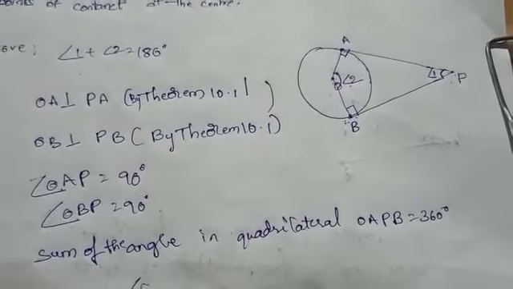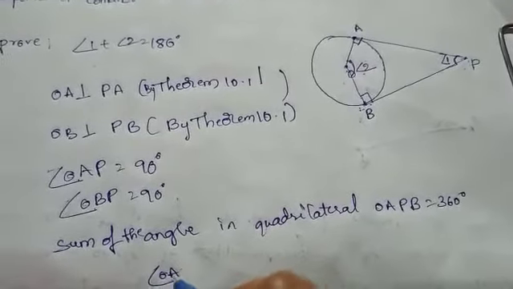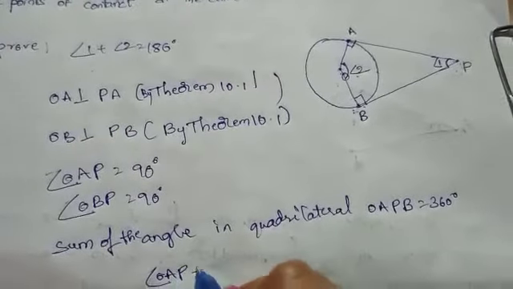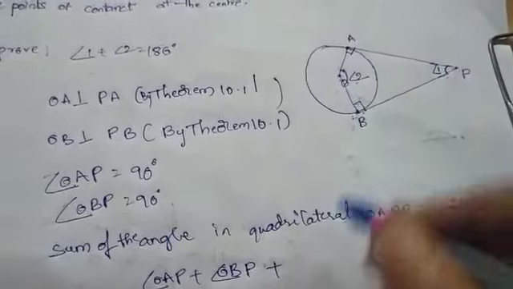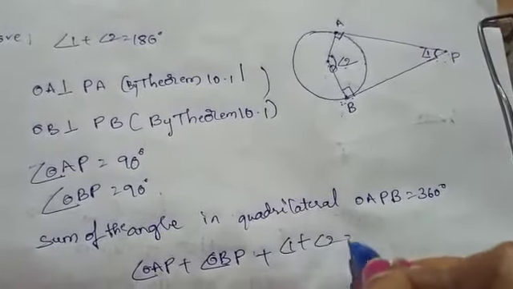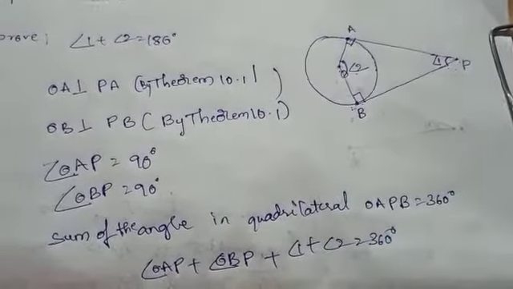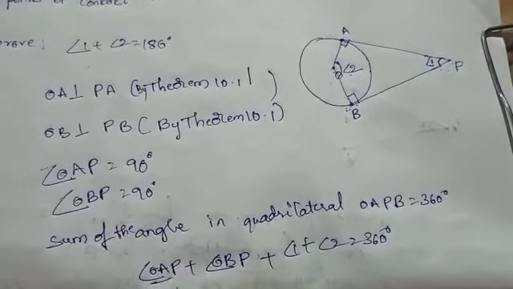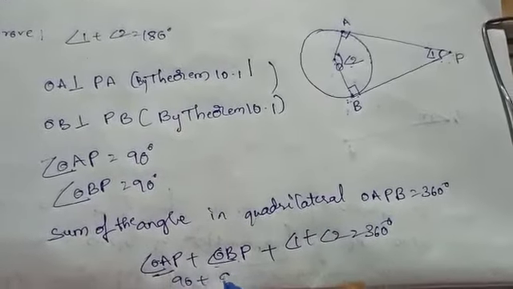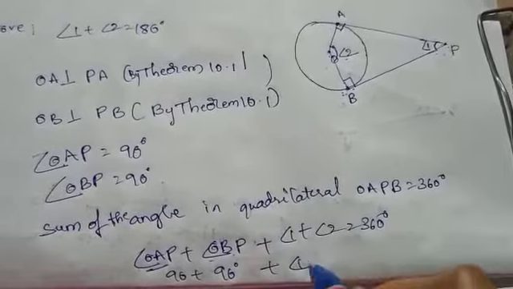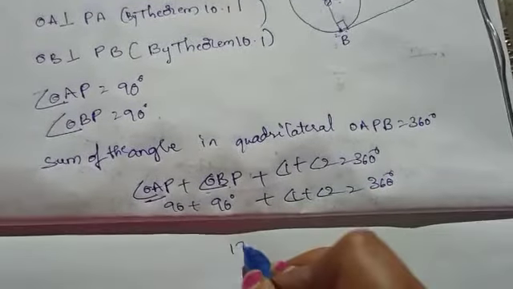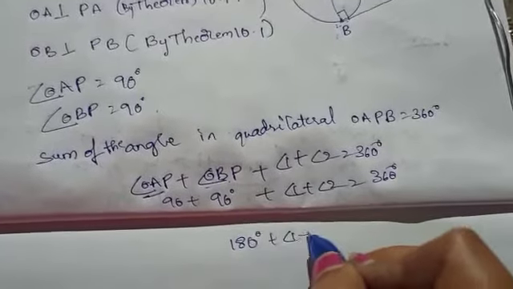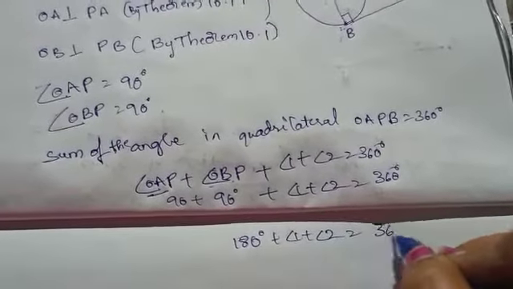We know the sum of angle OAP plus angle OBP plus angle 1 plus angle 2 equals 360 degrees. Angle OAP is 90 degrees, OBP is 90 degrees. 90 plus 90, 180 degrees, plus angle 1 plus angle 2 equals 360 degrees.